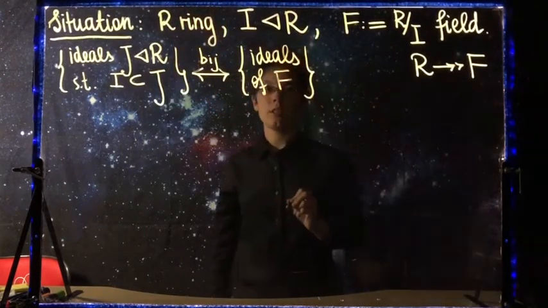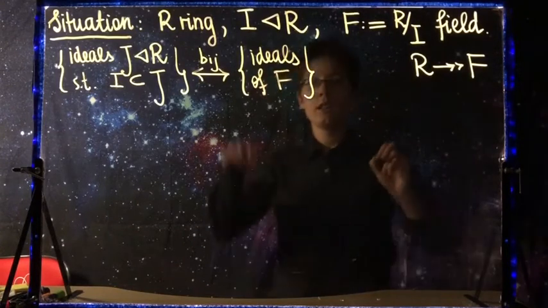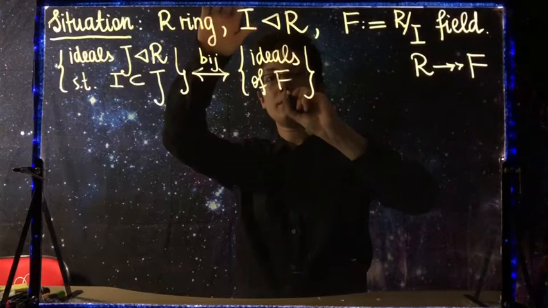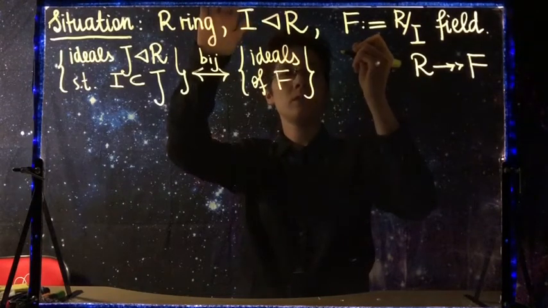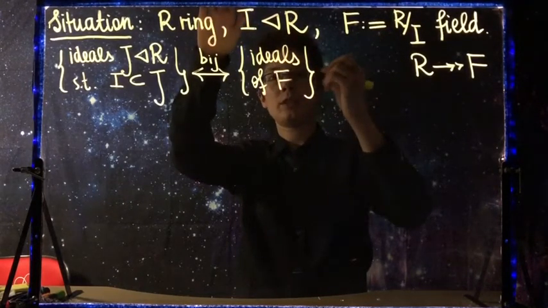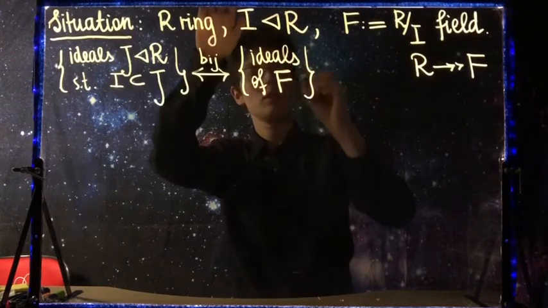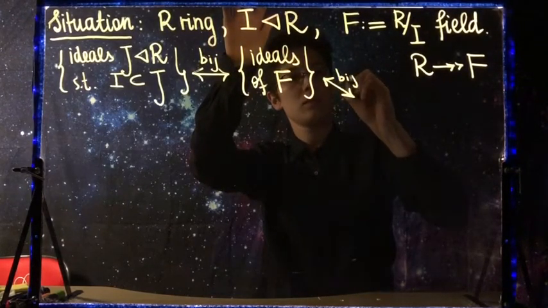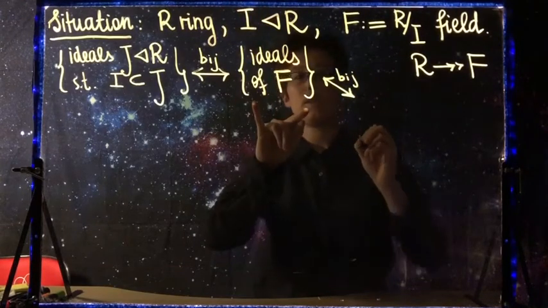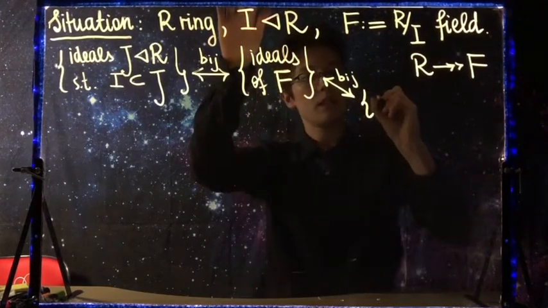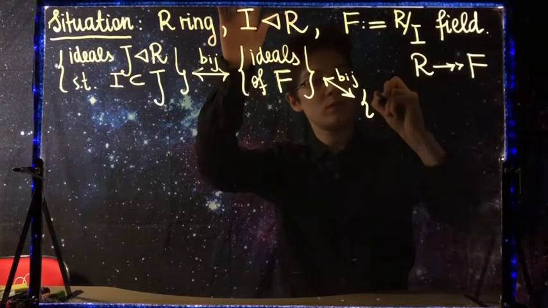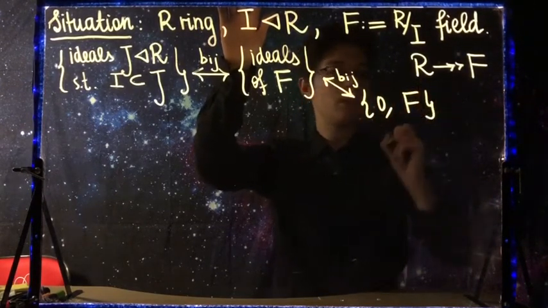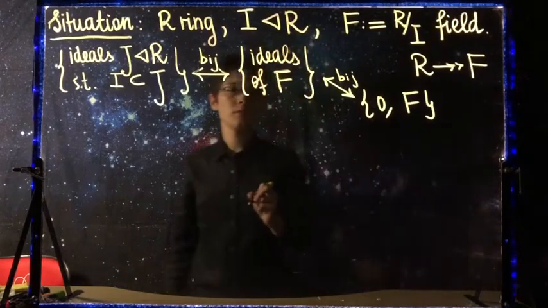But let us recall from a couple of lectures ago that the only ideals of a field are 0 and F itself. So the set of ideals of F is the set of the 0 ideal and the unit ideal.